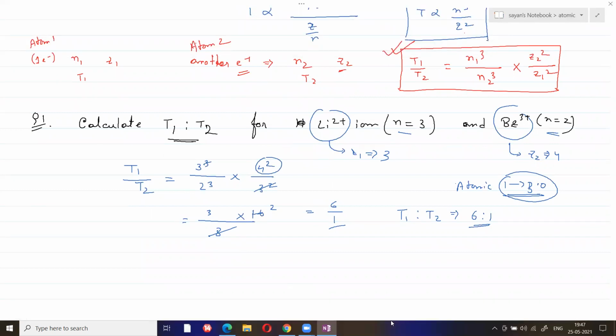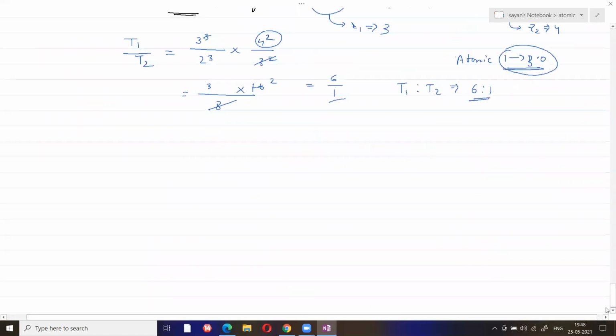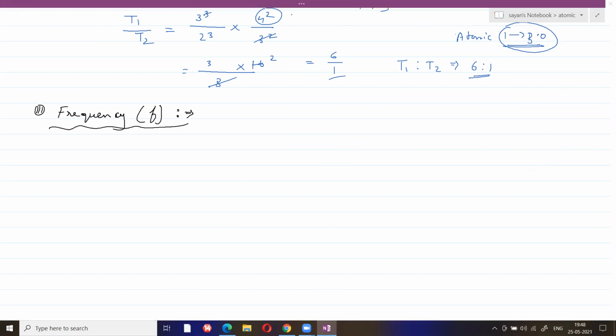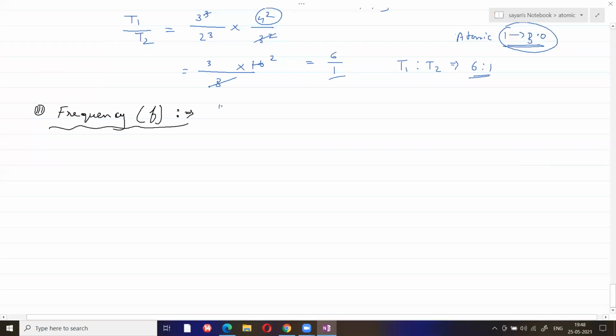Frequency is basically nothing but 1 by T. Frequency is basically the number of revolutions per second. Now can I write frequency as 1 by T?